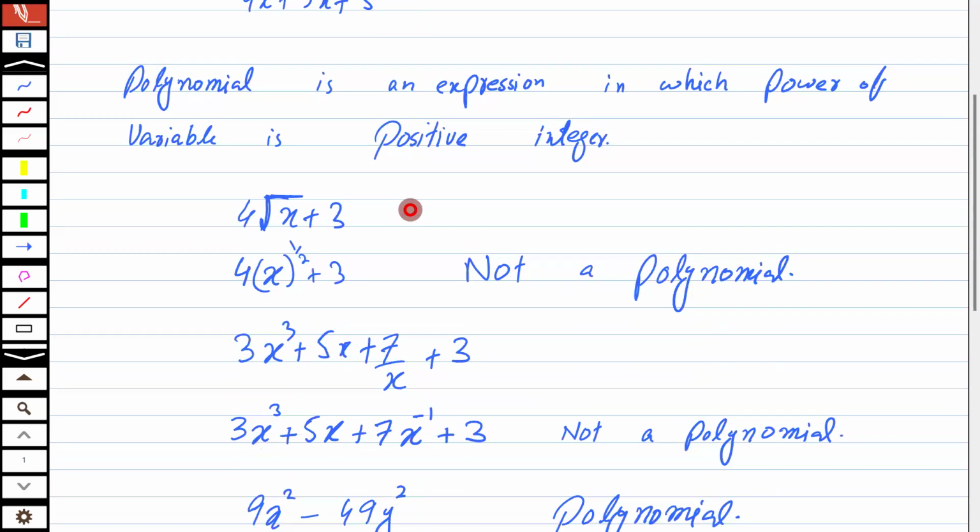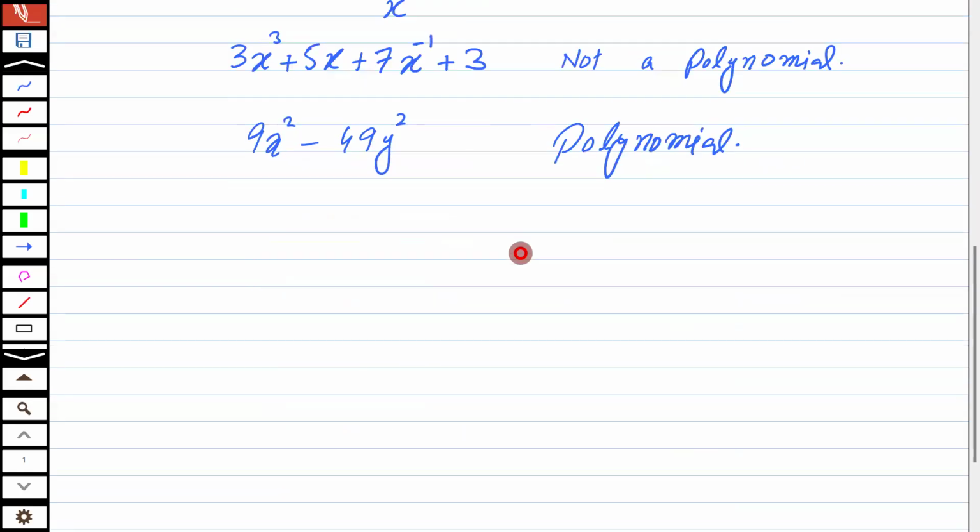No, it can be any power: x raised to power 10,000, x raised to power 2,000, any value, but it must be a positive integer. Obviously, we will talk about up to raised to power 4, but it can be any power, but must be a positive integer. All right, okay.